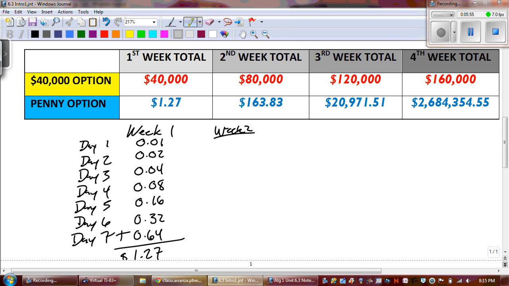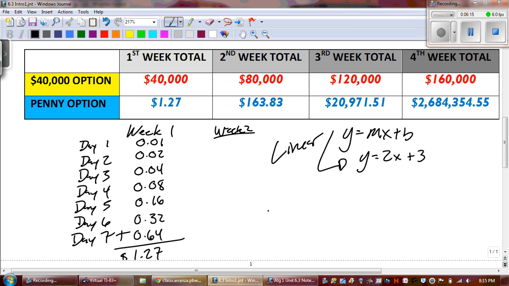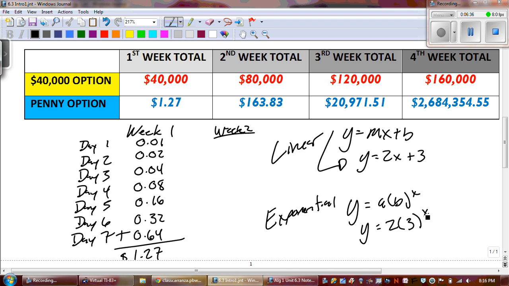This is what exponential growth is talking about, okay? In the linear equation, it's constant. y equals mx plus b. You see equations like y equals 2x plus 3. This is linear. What we're going to be talking about today is exponential. And that's where it would look like y equals, what was the example we wrote down? 2 times 3 to the x.